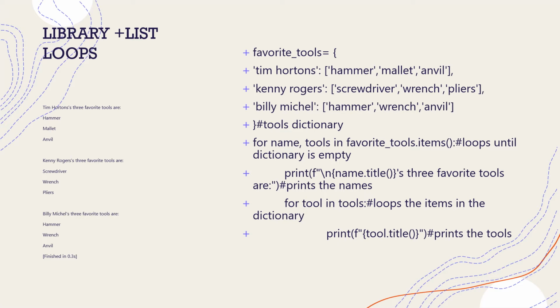As you can see, the code is on the right-hand side, and on the left-hand side are the results we got. The main loop here was just going through, getting the names, which were the keys, and then the values, which were lists. All 3 were printed, each individually on a line, and formatted using f-strings.